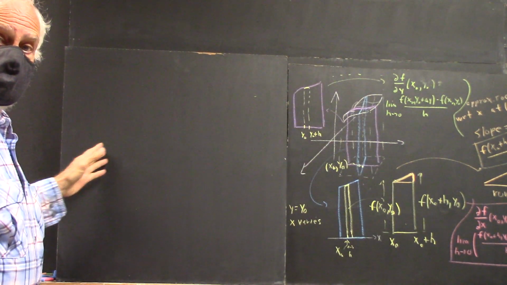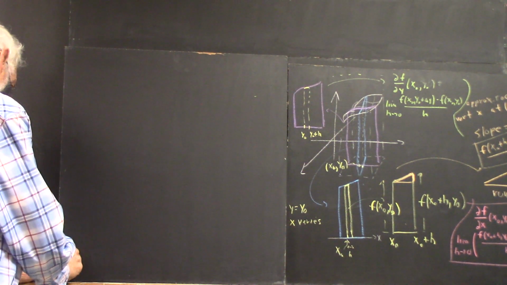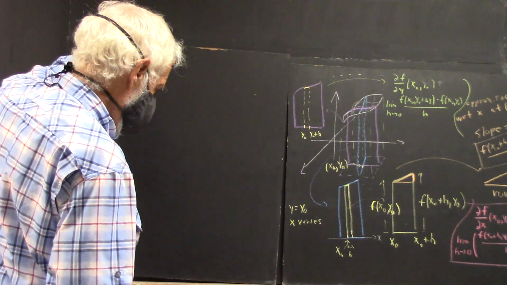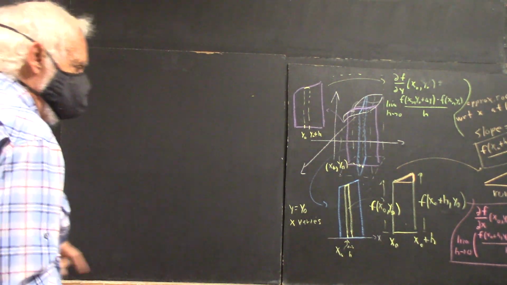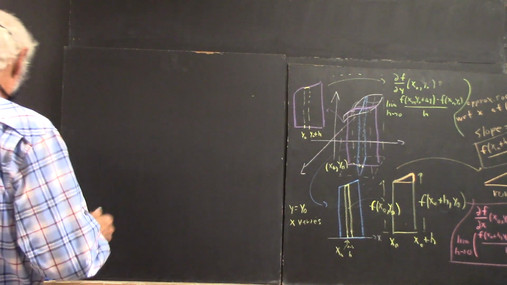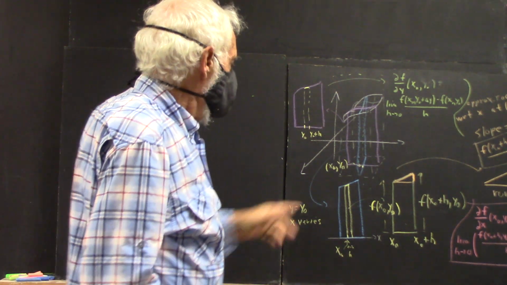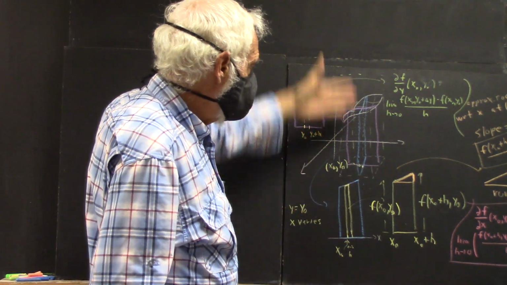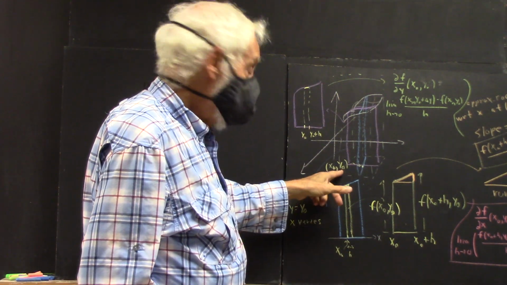If we take this picture again, what we've done here is we've essentially sliced the graph of our function f of x, y with the plane y equals y naught.